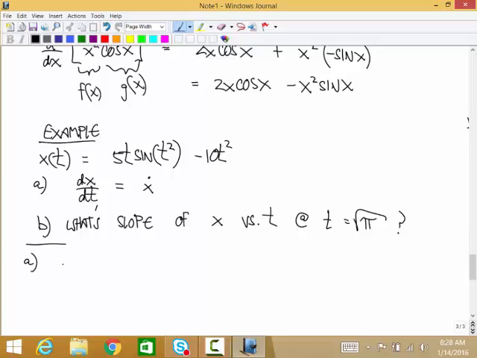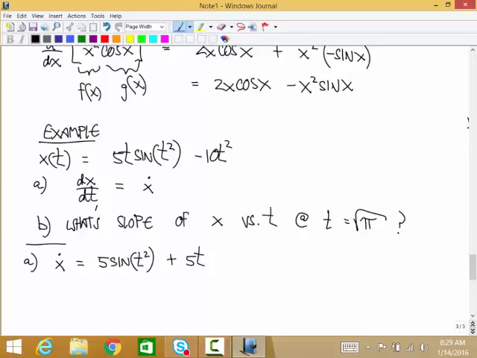So we have the derivative of 5t times sine of t squared plus 5t times the derivative of sine t squared.